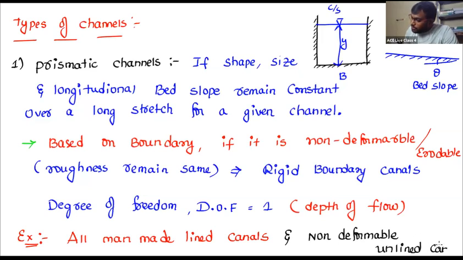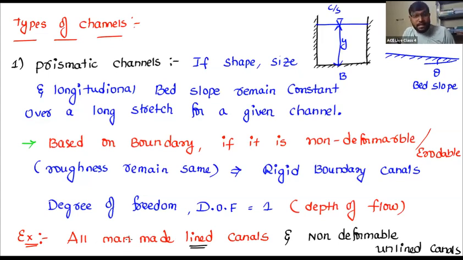See, keep that in your mind. I'm not saying just unlined canal. Unlined means no lining, but it is going to be non-deformable. In the case of rocky strata, if you are going to dig a canal in rocky strata, as it is a rock, do you think the water can erode a rock? No. So non-deformable unlined canals and all man-made lined canals are going to become prismatic channels.